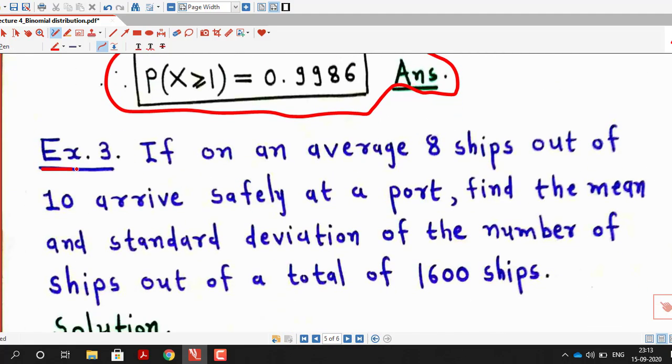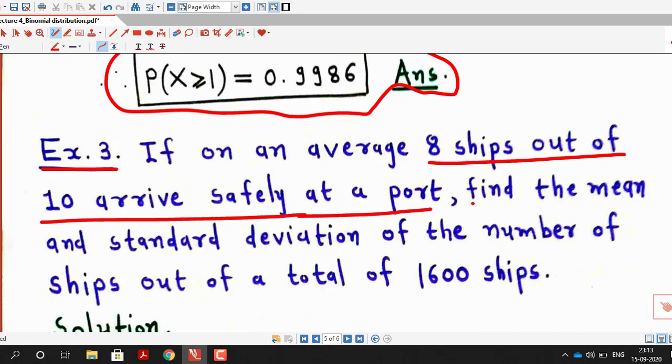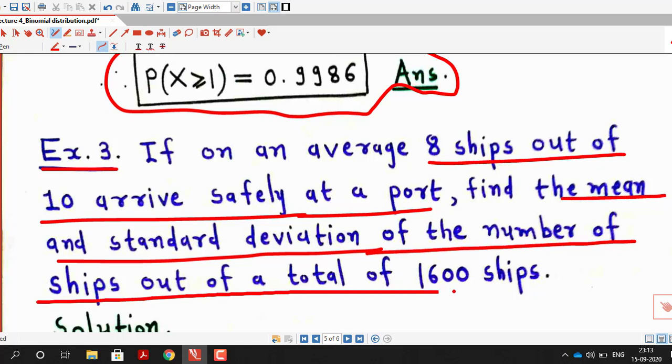Next example. If on an average 8 ships out of 10 arrive safely at a port, find the mean and standard deviation of the number of ships out of a total of 1600 ships.